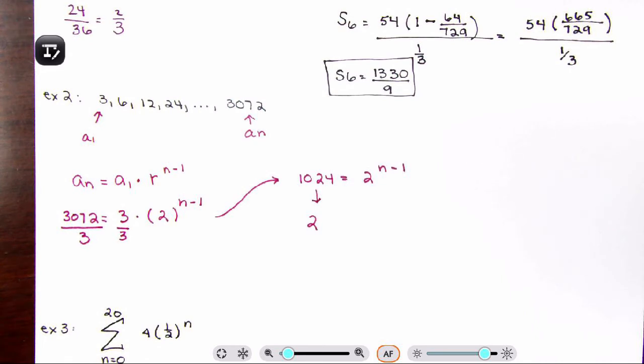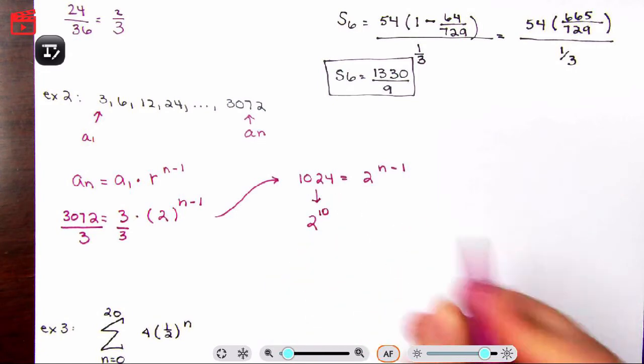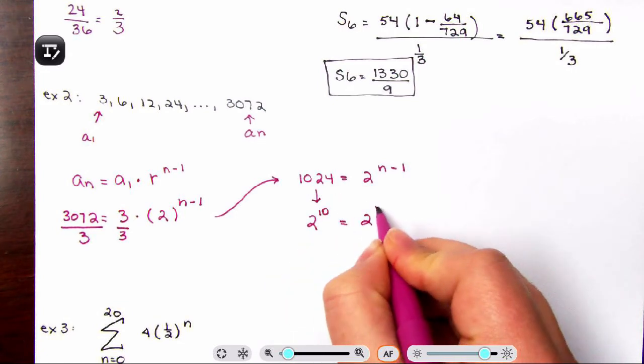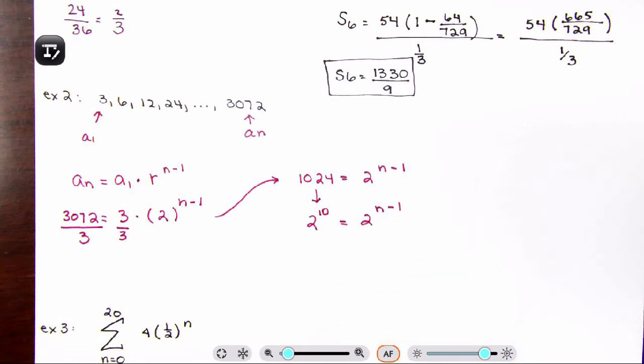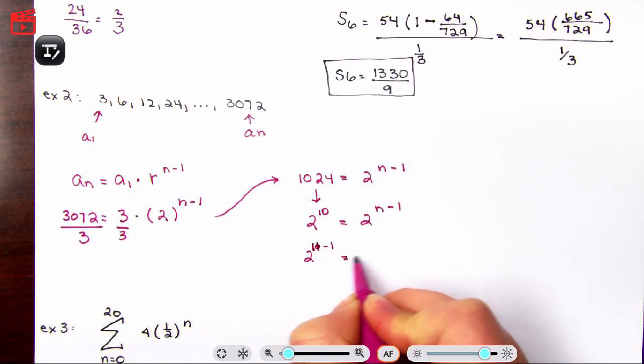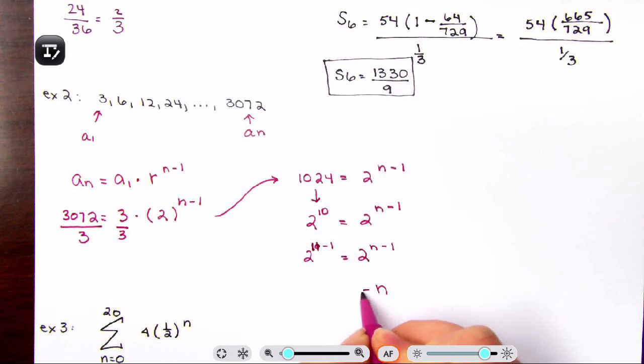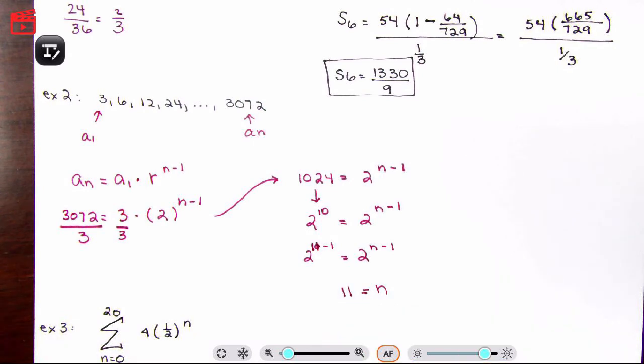I promise you guys this was so not planned. But I did 2 to the 10th power, and it gave me 1024. So if these two sides of this equation are equivalent, then that means 2 to the 11 minus 1 is equal to 2 to the n minus 1. So that means that our n value is 11.